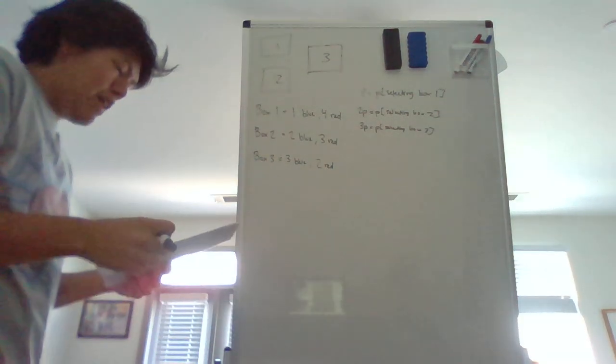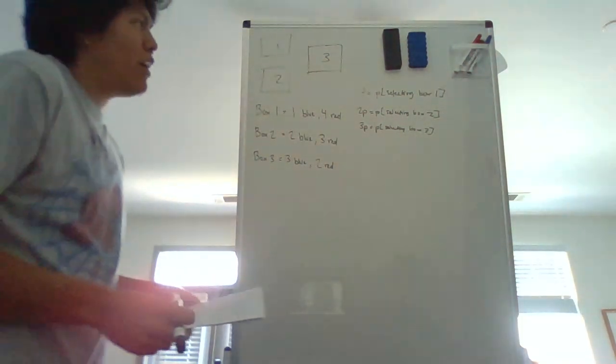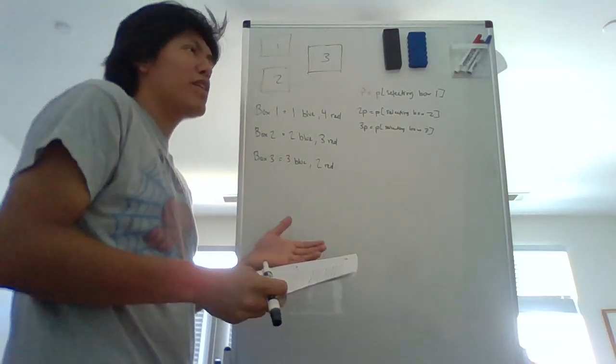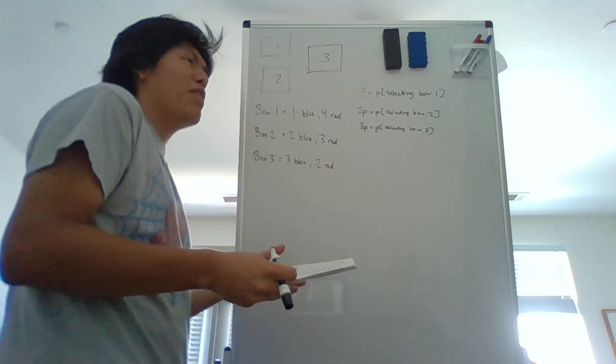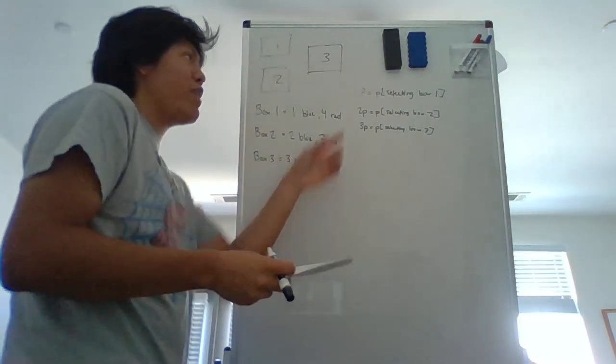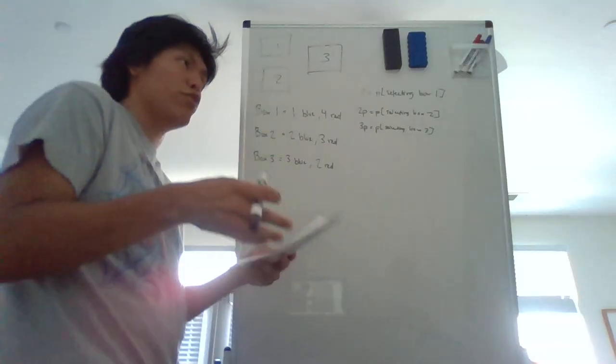Alright, now because we have to choose a box in this experiment, if we add up these probabilities, it's just going to equal 1.